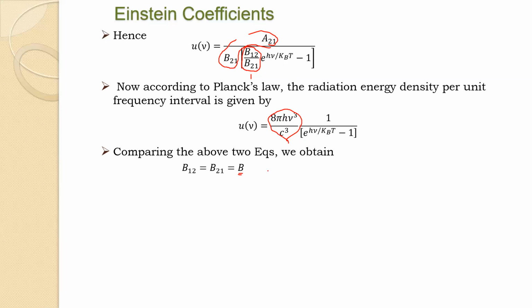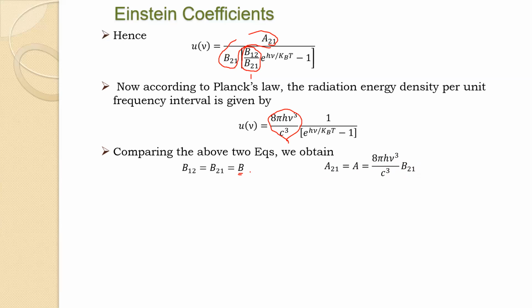So we can say that A21 is equal to 8 pi h nu cube divided by c cube into B21.